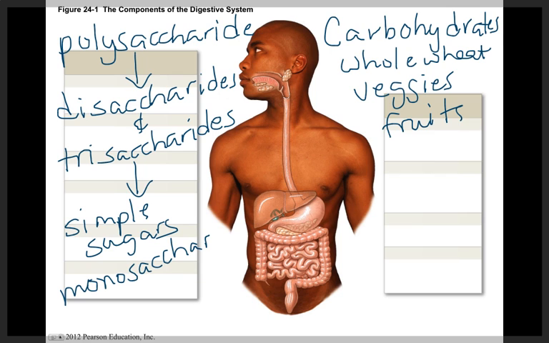It's these monosaccharides that we are able to absorb into the body, and then they can be used to create ATP. The most common monosaccharide is glucose. Another common monosaccharide is fructose. Okay, so those are what we're looking at when we're talking about carbohydrates.